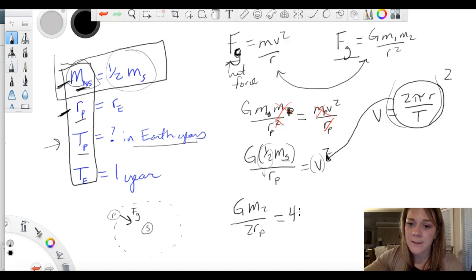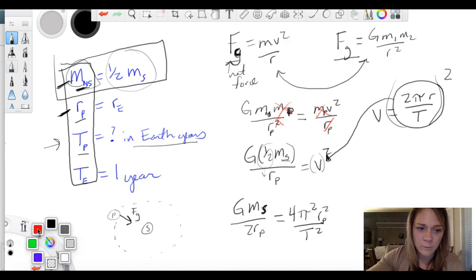So that's going to become 4 pi squared r squared over t squared. What is this r? It is still the radius of that planet from the sun. This is the mass of this Earth, sun. There we go. All right, so now we're going to simplify.